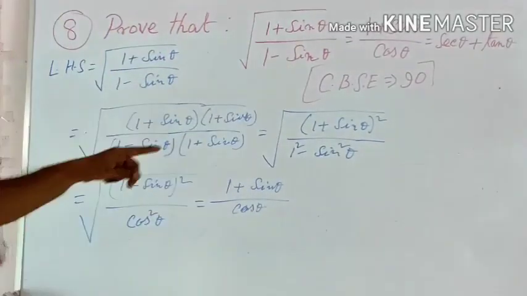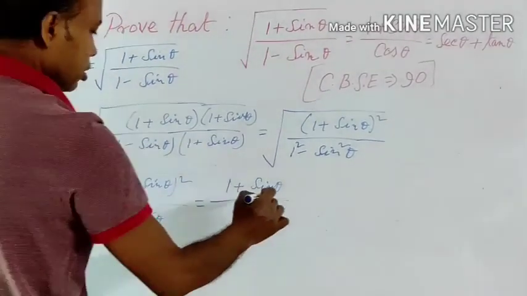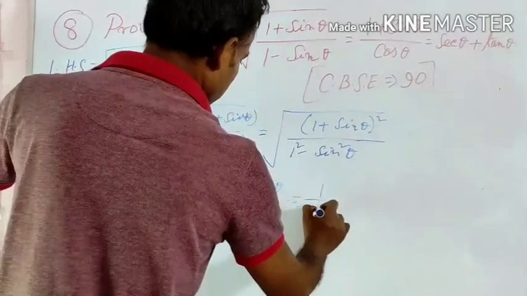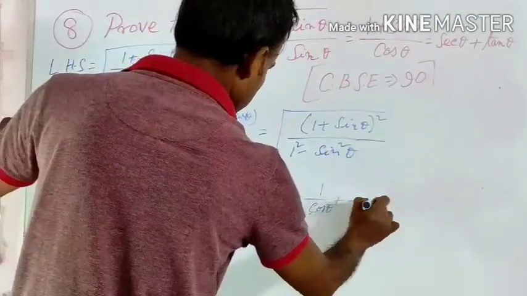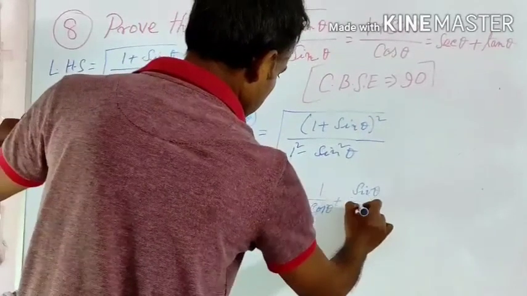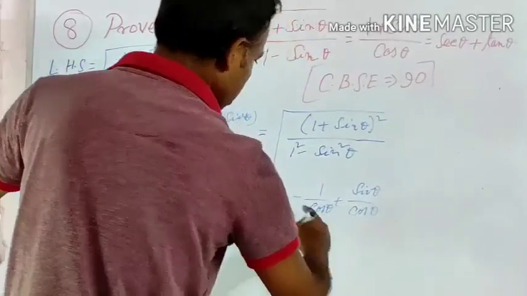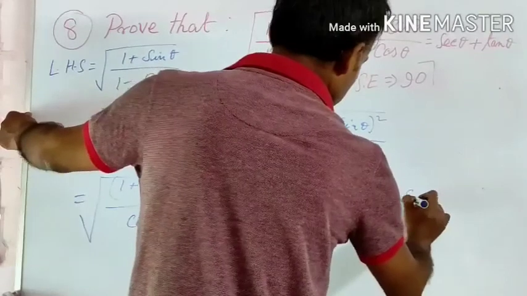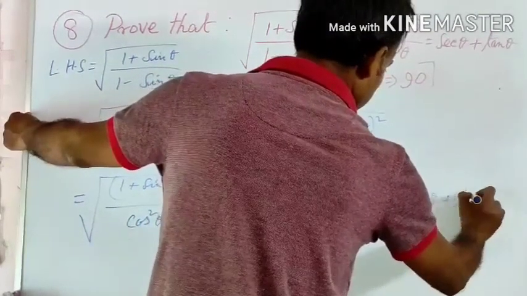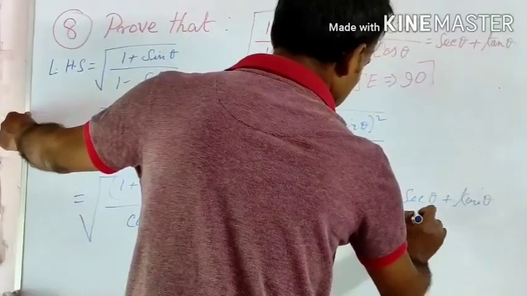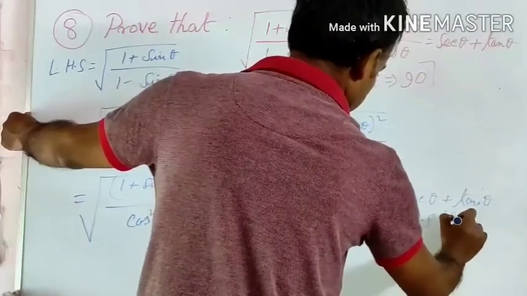This is right hand side, equal to 1 by cos theta plus sin theta by cos theta. So 1 by cos theta is equal to sec theta and sin theta by cos theta is equal to tan theta, which is equal to right hand side.